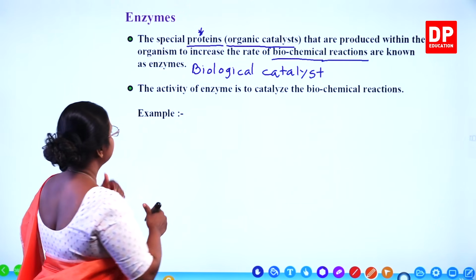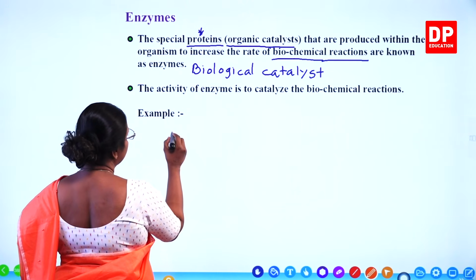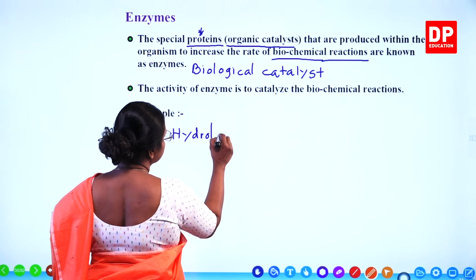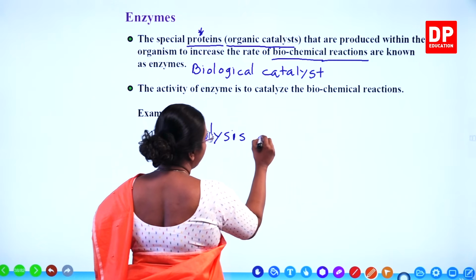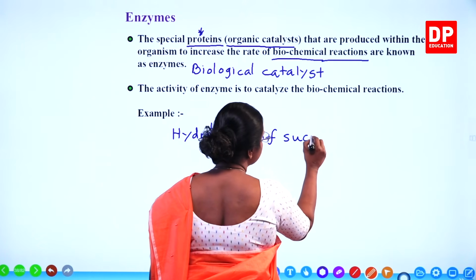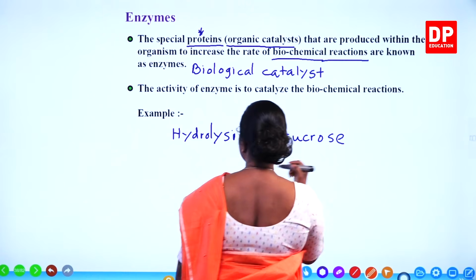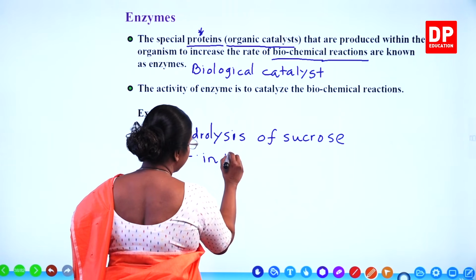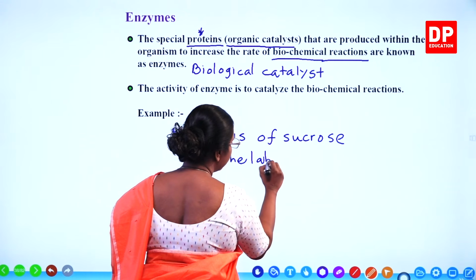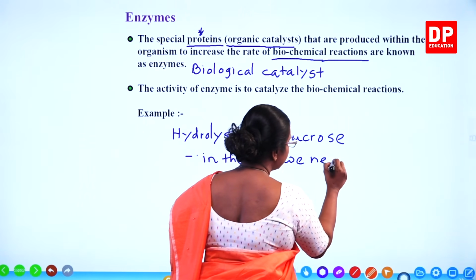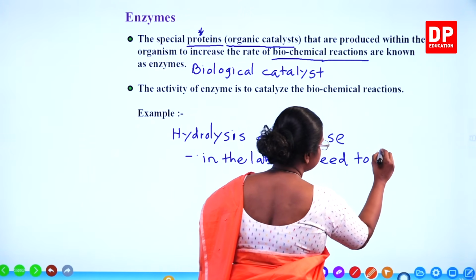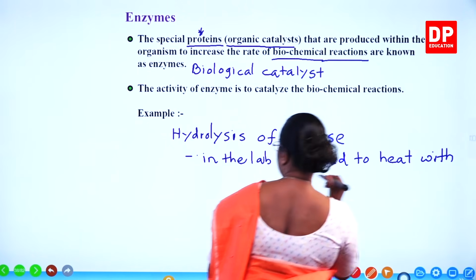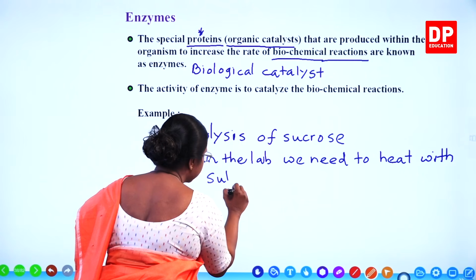So here as an example, we can say the hydrolysis of sucrose, if done in the lab, we need to heat with sulfuric acid.